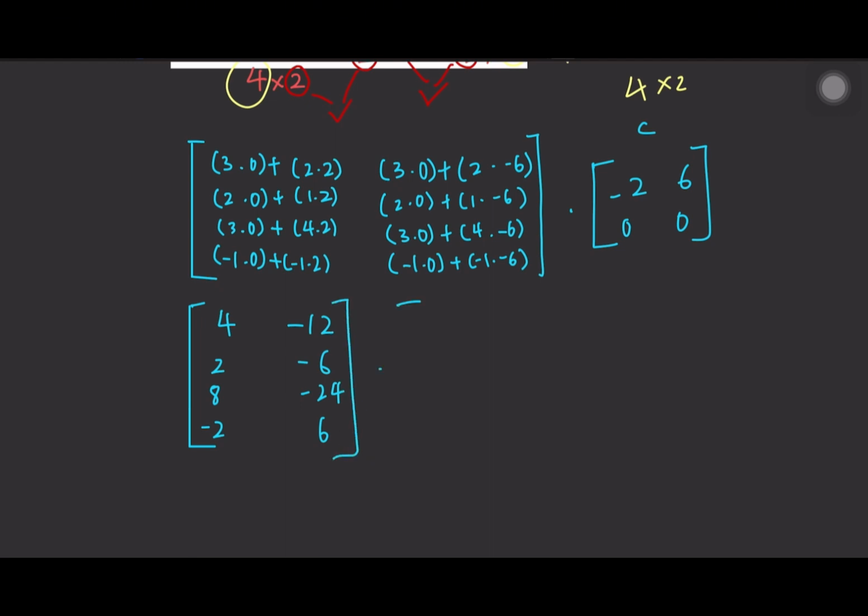And there we go, we can multiply now. Negative 2, 6, 0, 0.